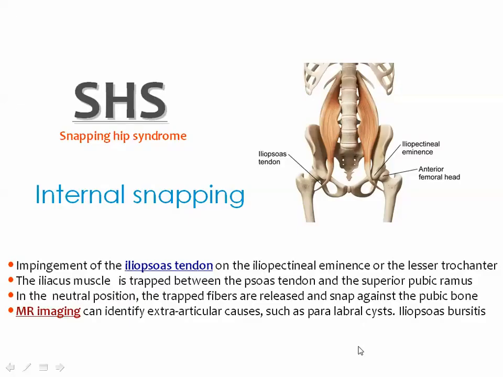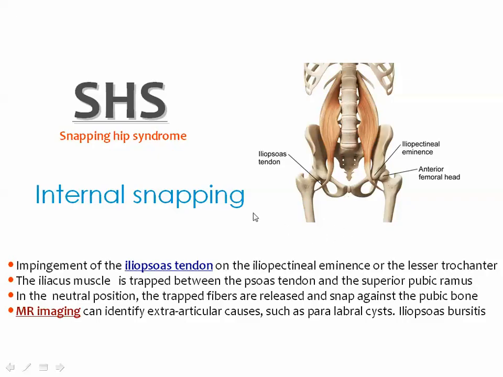This is the internal snap where the iliopsoas tendon will move during the hip motion along the anterior aspect of the hip, resulting in the snap or the sound.